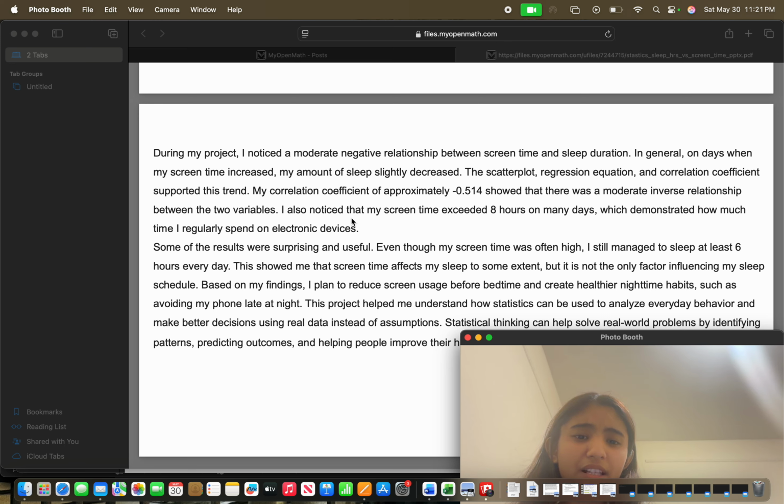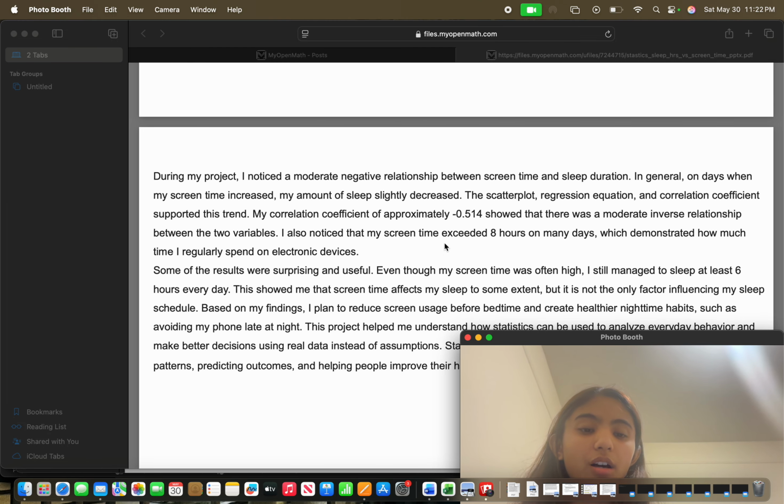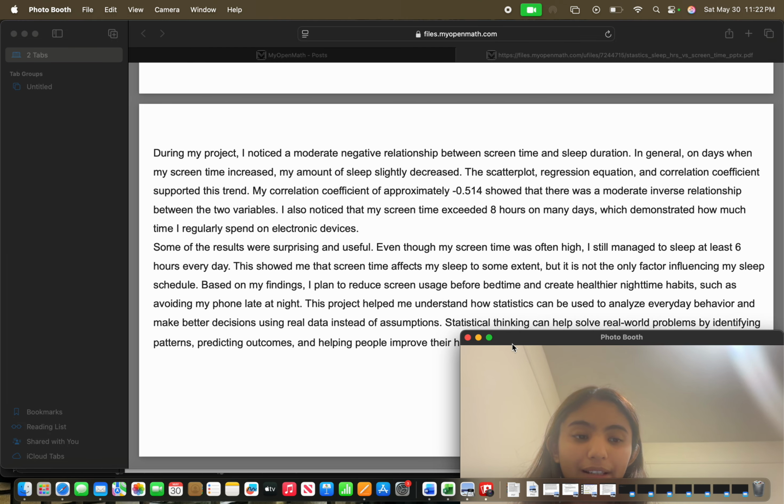I noticed that my screen time exceeded 8 hours on many days, which demonstrated how much time I regularly spend on electronic devices. Some of the results were surprising and useful. Even though my screen time was often high, I still managed to sleep at least 6 hours every day. This showed me that screen time affects my sleep to some extent, but it is not the only factor influencing my sleep schedule.